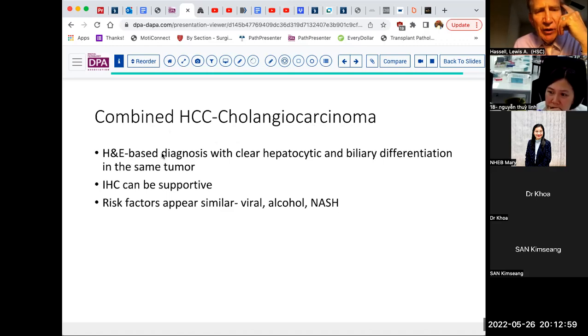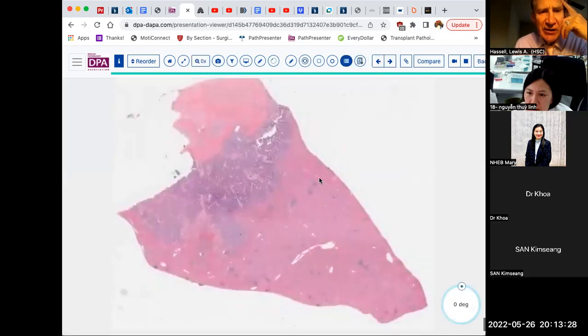This is usually something that we make the diagnosis based on H&E morphology. Immunohistochemistry can help us, but primarily this is a tumor that has sort of a dual component or dual differentiation, sometimes in different areas and sometimes a little bit more mixed up with each other. So you'll see in these examples what I mean by that.